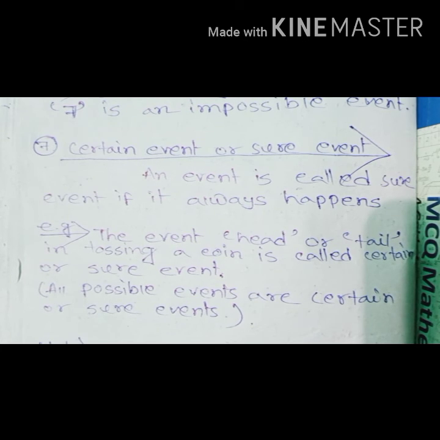In case of tossing a coin or throwing a dice, you are getting a result, and all these results are certain or sure, meaning any one of them could be obtained. So these are all supposed to be certain or sure events. In case of tossing a coin, head and tail both are sure events, and in short, all possible events are certain or sure events.